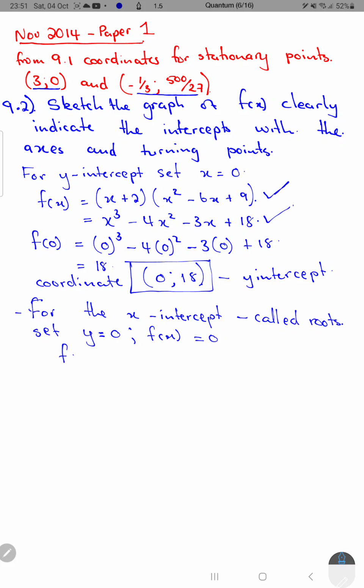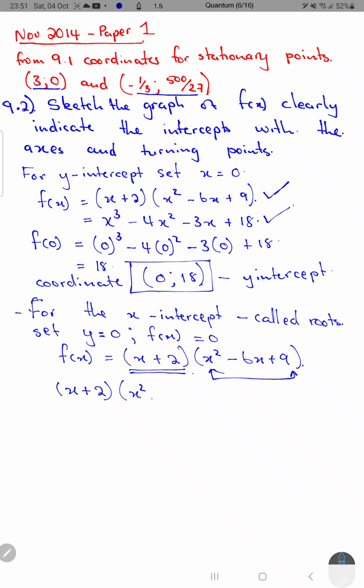We say f of x is equal to (x plus 2) times (x squared minus 6x plus 9). Why do we choose this? Because it has already been factorized in one part, so we only need to factorize this trinomial. So we say (x plus 2)(x squared minus 6x plus 9) is equal to 0.